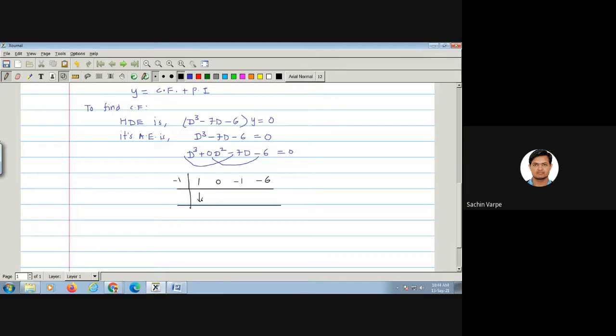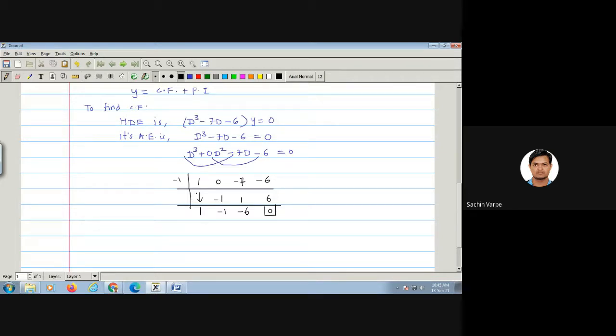We carry the first number as it is, then multiplication, addition, multiplication, addition. Oh, something is wrong, right? Here it must be minus 7. Yes, minus 7. So this is minus 6, this is plus 6, and therefore the remainder is 0.